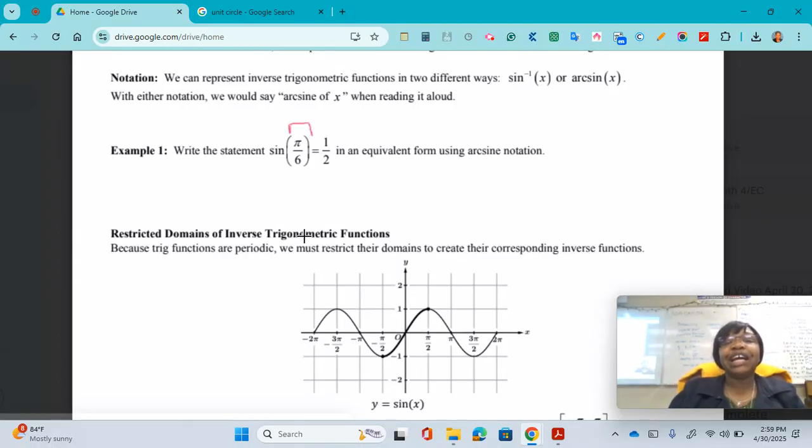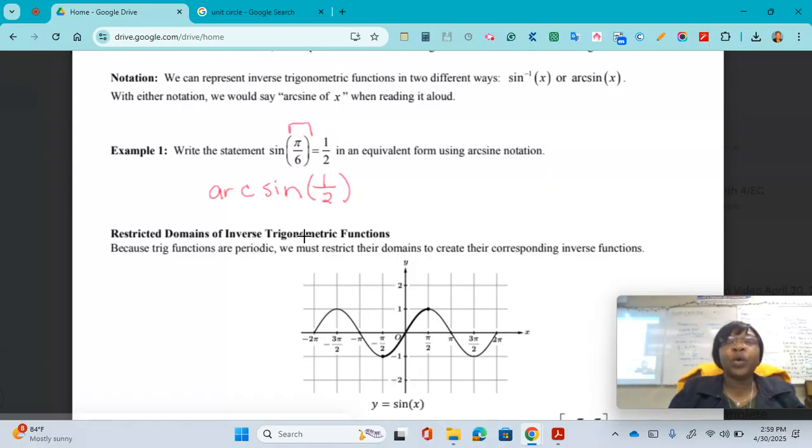So this is the angle, y'all. So if I said sine of the angle, sine is the what value? The y value. The sine of pi over 6 equals 1/2. But if I'm doing the arc sine, I would do arc sine of 1/2, plugging in my y value.